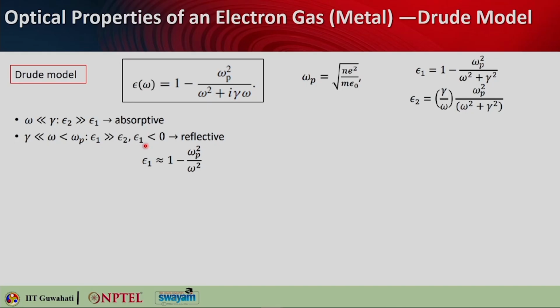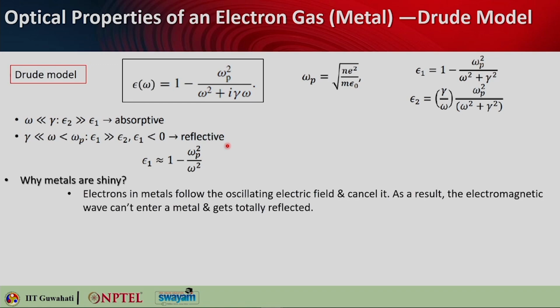And if you find that epsilon 1 is basically negative, it means the metal is basically reflective. And this also tells you why metals are shiny. When you see something shiny, it means it is reflecting very strongly. So, electrons in metal follow the oscillating electric field and basically cancel it.